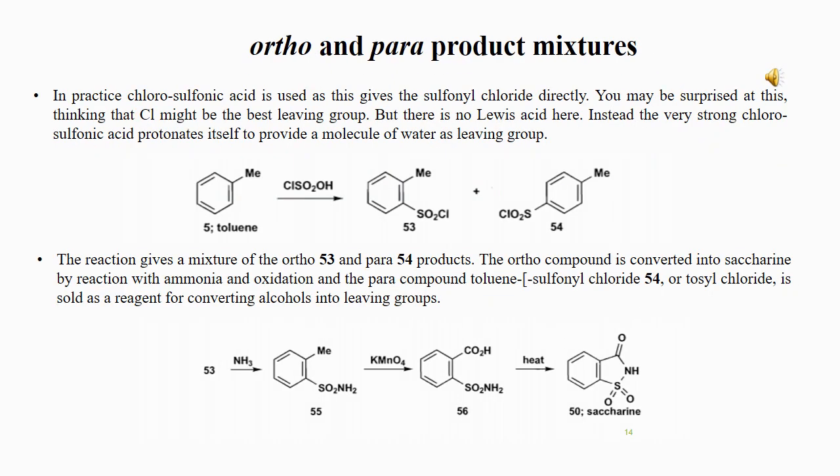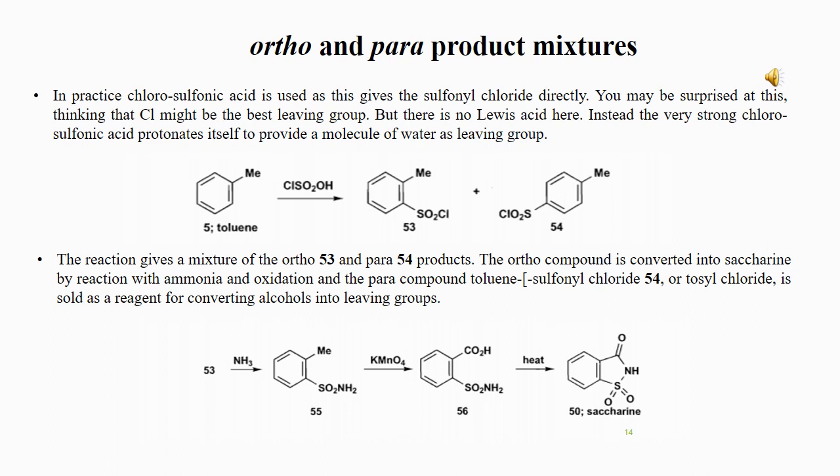In practice, chlorosulfonic acid is used as this gives the sulfonyl chloride directly. Now, we might think that chlorine would be the best leaving group, but there is no Lewis acid here, so instead the very strong chlorosulfonic acid protonates itself to provide a molecule of water as a leaving group.